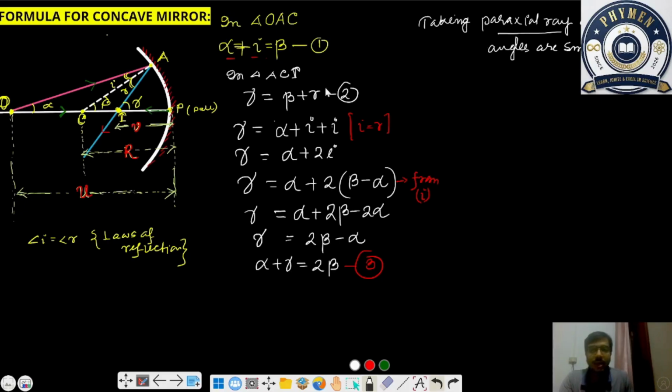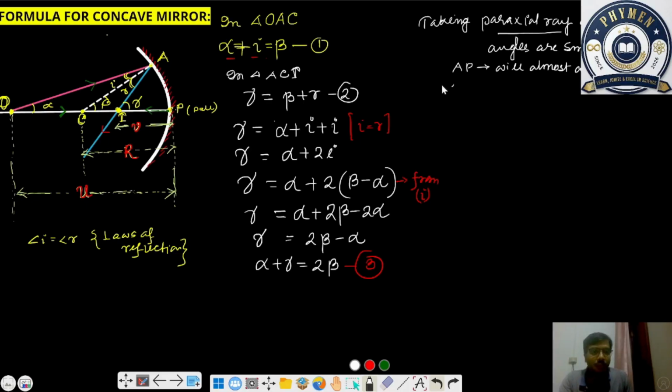If we take the Paraxial ray approximation for alpha, this AP portion will be almost a straight line. So we can consider AOP as a triangle.